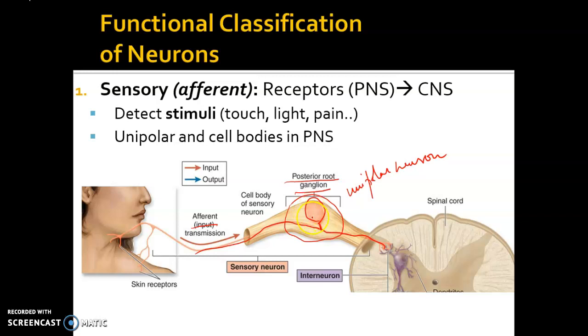So group of cell bodies outside the central nervous system is called a ganglion, and in this case we are looking at posterior root ganglion. Is that making sense to you? Okay, so ganglion, group of cell bodies outside the central nervous system. We are looking outside the spinal cord here.